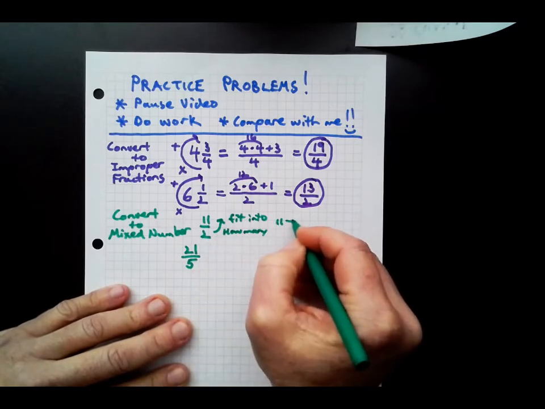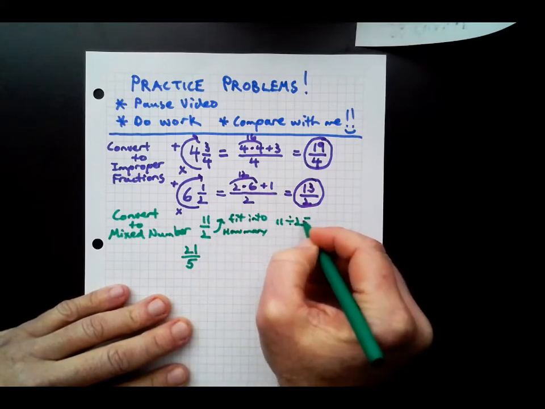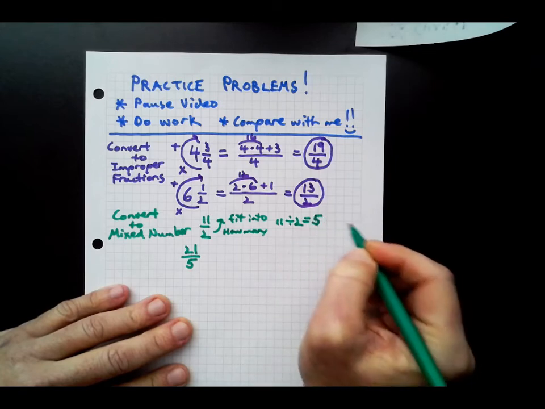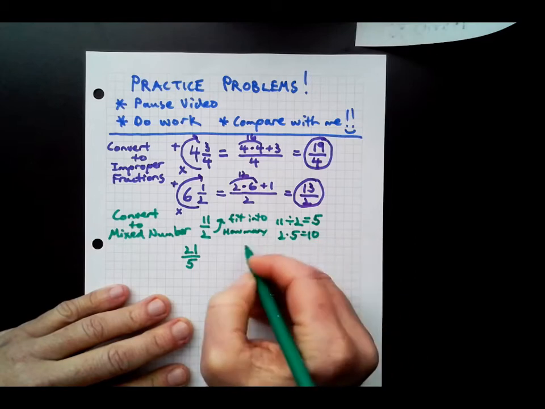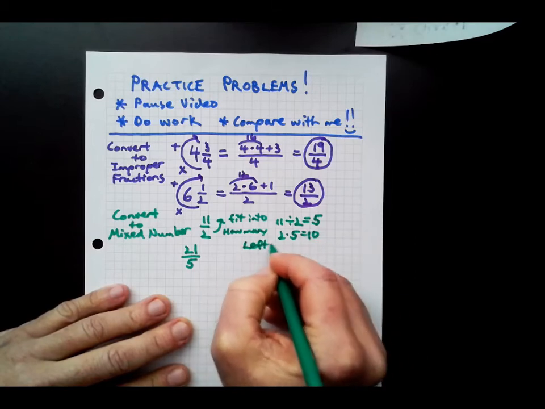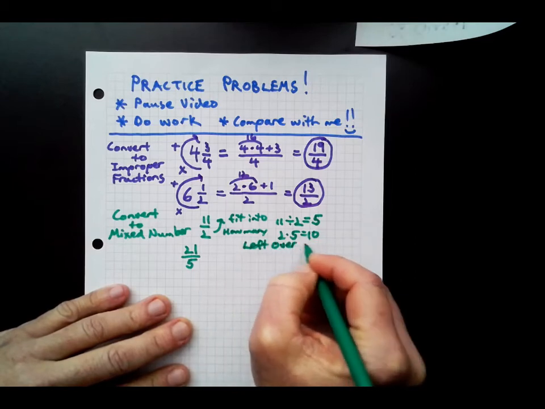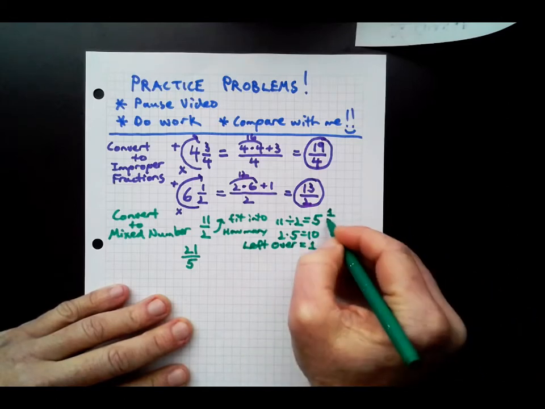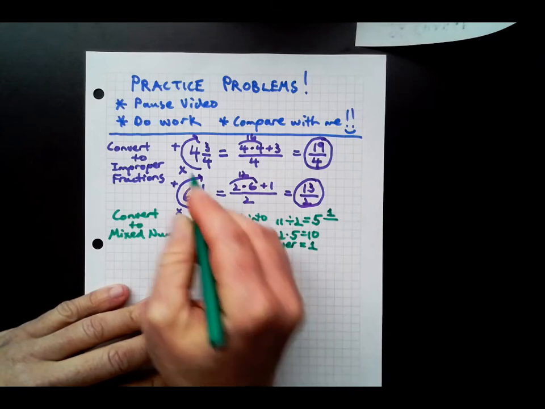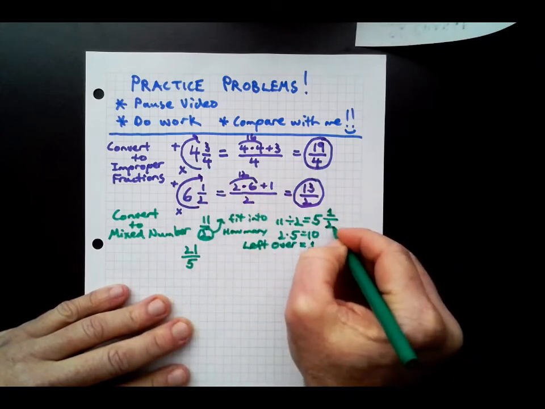This is 11 divided by 2, which makes 5. 2 times 5 is 10. And how many left over? The leftover is the numerator, and we keep the 2. Just like we did up here, we keep the denominator.